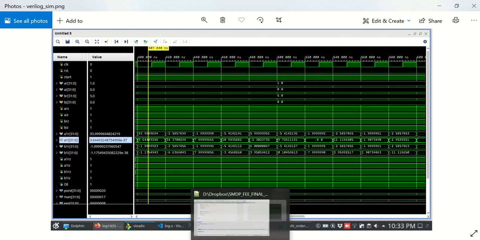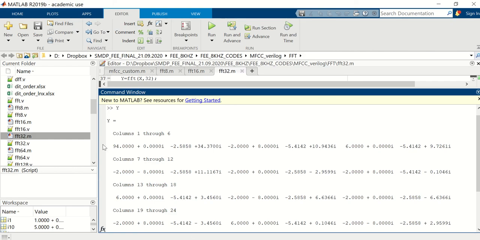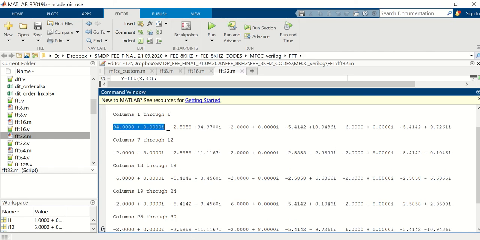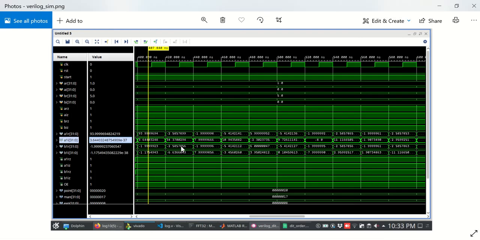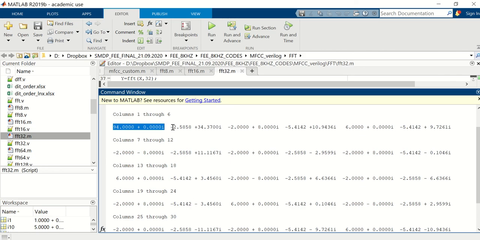So let us verify that from the MATLAB results. The first is 94 plus 0i, which is the same as here, because the second one is 3.64 into e power minus 37, that is 0, and the next is minus 2.585 plus 34.3i.